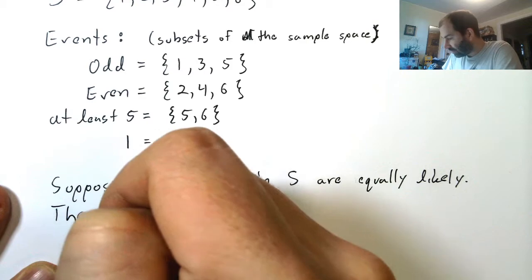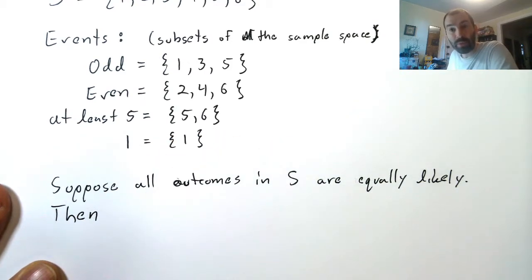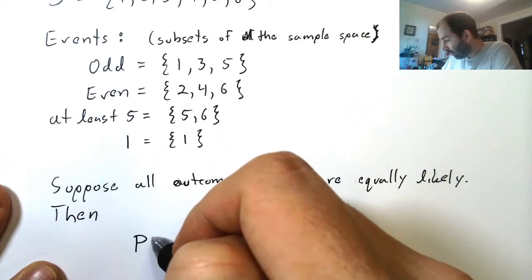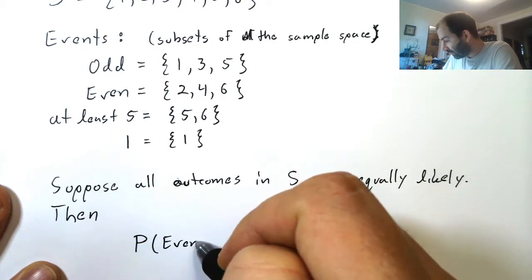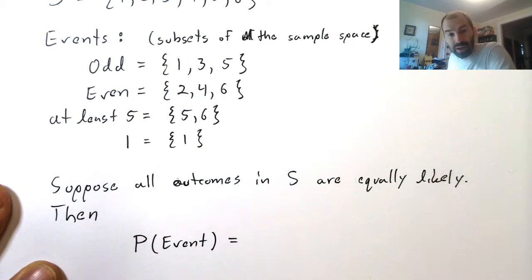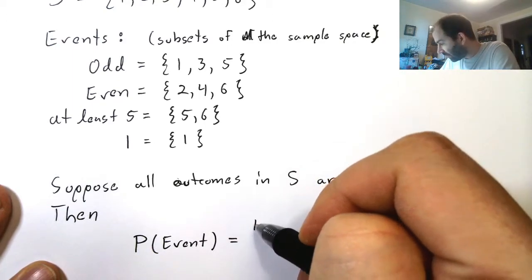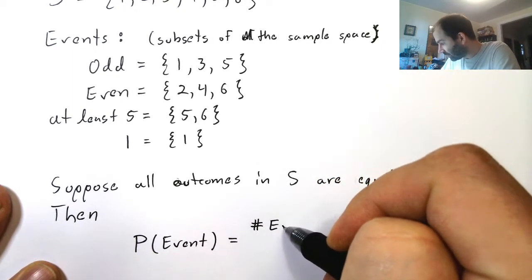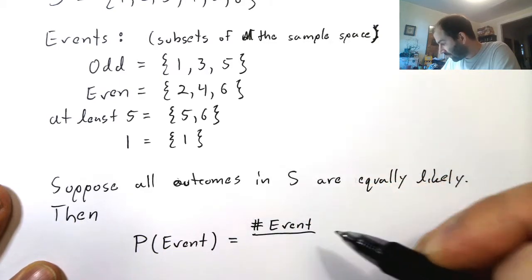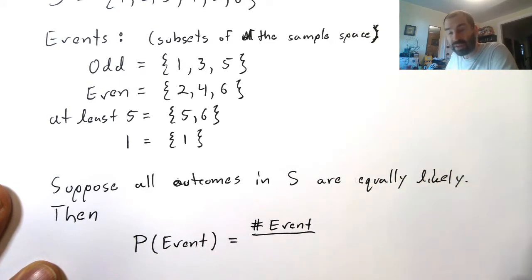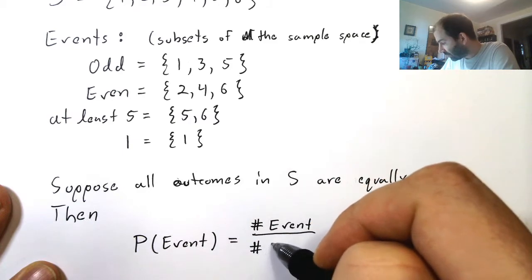Then we have this really handy rule, all right? If I want to compute the probability of an event, all I have to do is count the number of things in that event. So let me just denote that like this. And then divide by the number of things, outcomes, in the sample space.